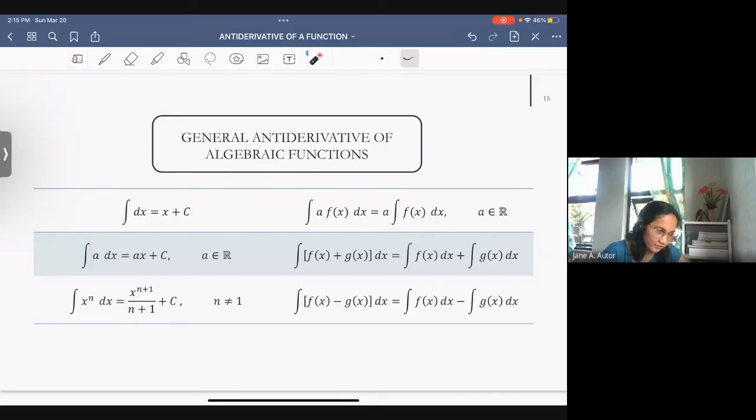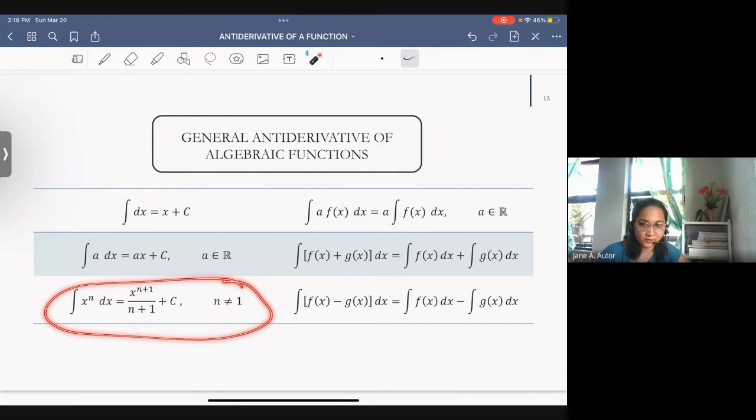We also have the integral of x raised to n dx is equal to x raised to n plus 1 divided by the quantity n plus 1 plus c, wherein n is not equal to negative 1. Alright? So, we have here the power rule. This will serve as the power rule for the antiderivative of a function.